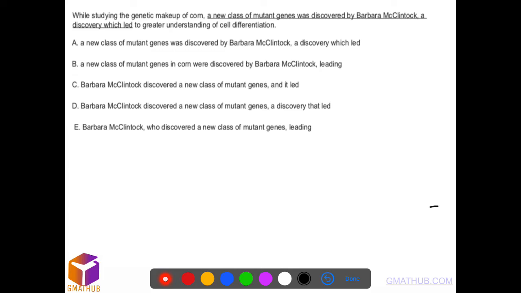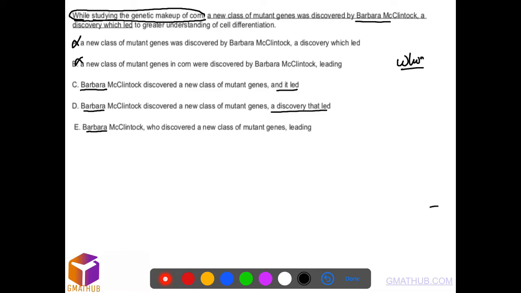Here also, while studying the genetic makeup of corn. Now this is a modifier. While studying. Who is studying? That's the question. Barbara is studying, so it should immediately have Barbara. Out of C, D and E, it led, the discovery led, leading.